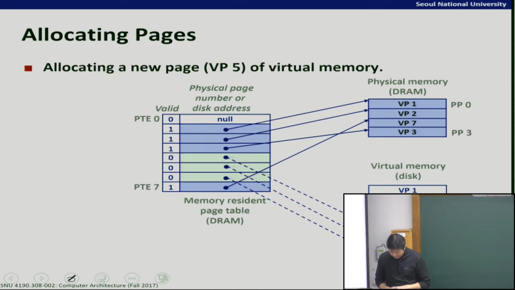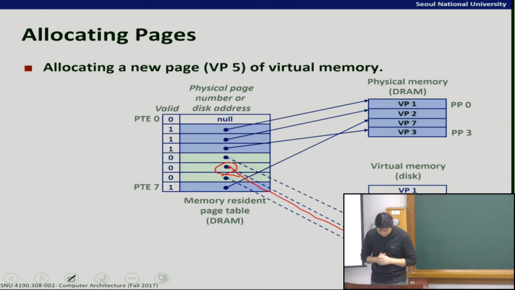Then this one is allocated, and initially also allocated on a page on the disk. So now we allocate a new page, virtual page 5 of the virtual memory, and we've created a mapping between this VP5 and this page on the disk.